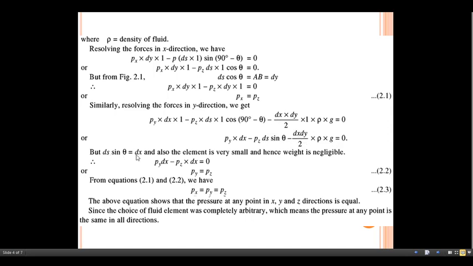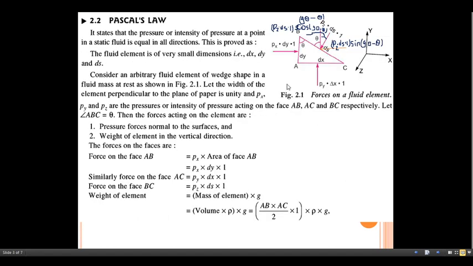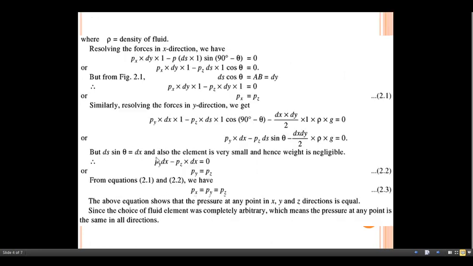In this way, ds into sine of theta is nothing but dx. Also, the element is very small, hence the weight is negligible. We considered a small element, so we just neglect this weight parameter.